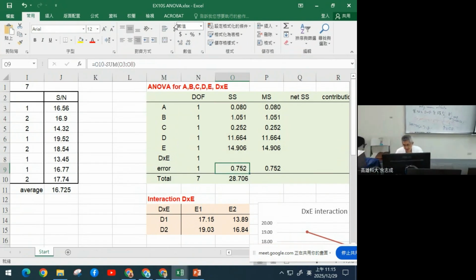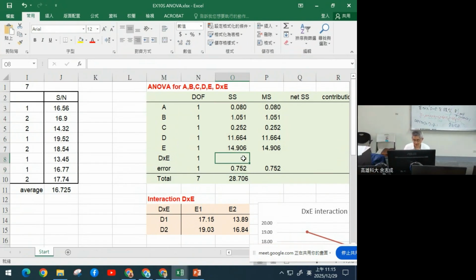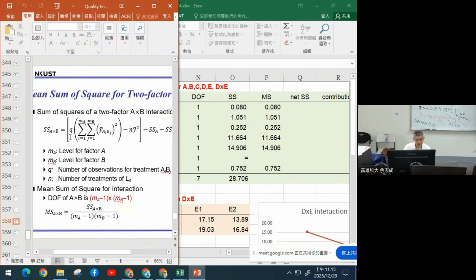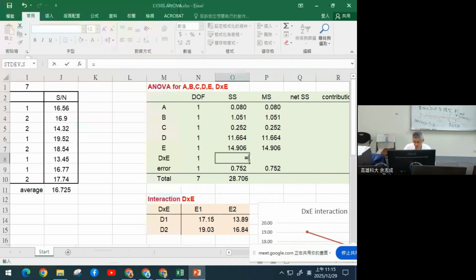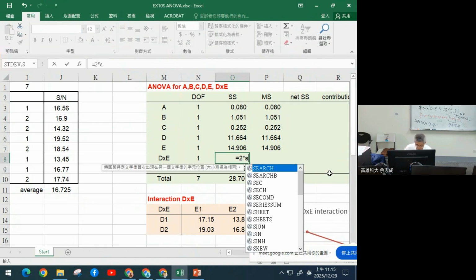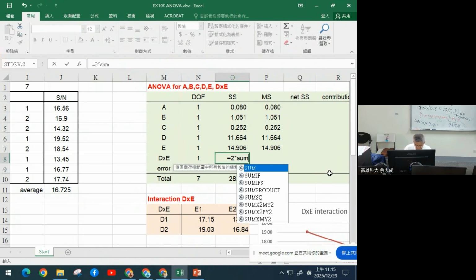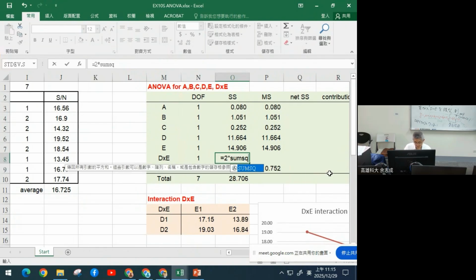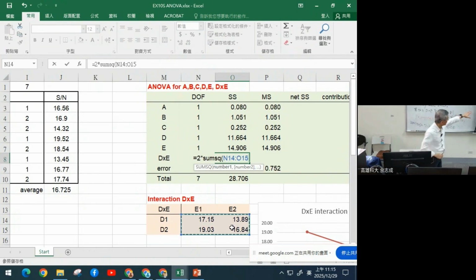So here, let's calculate the interaction, which is, if you still remember the equation, if not, let's look at here. Q, which is 2, right? 2 multiplied by sum of square for this 4 combination.